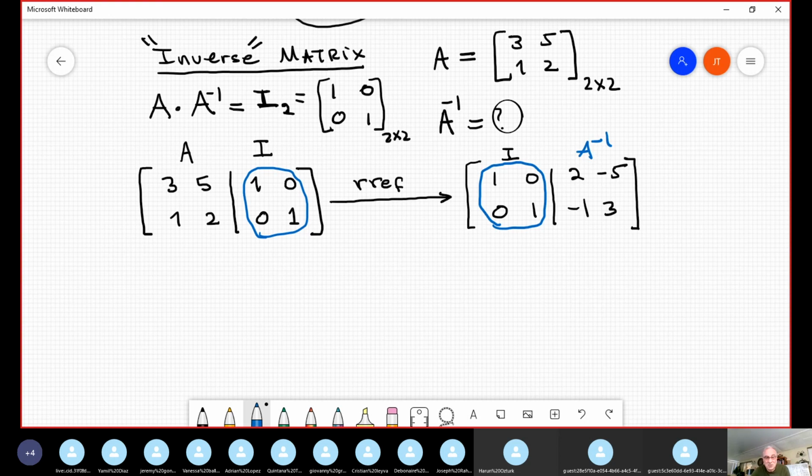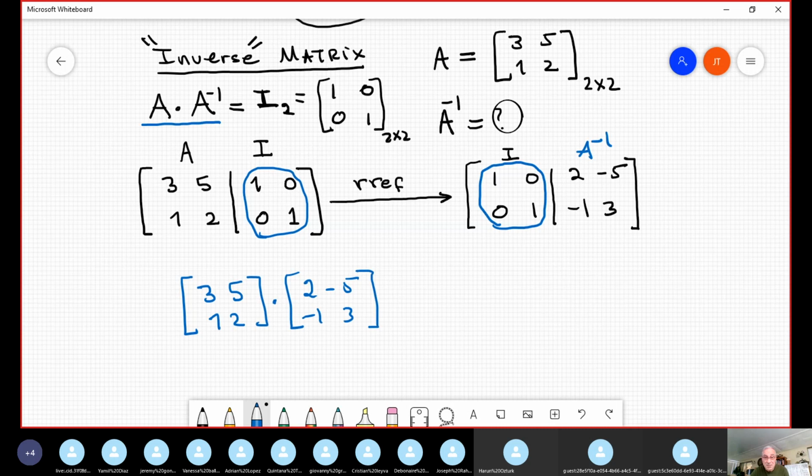Okay, look. I want to check it by hand. Suppose the definition was this. For example, post-multiply the original matrix A, 3, 5, 1, 2, by the hypothetical inverse, which I suppose is true, 2, -5, -1, 3.